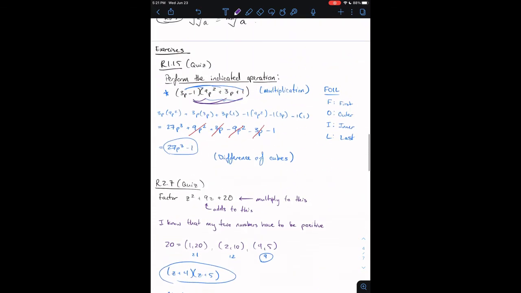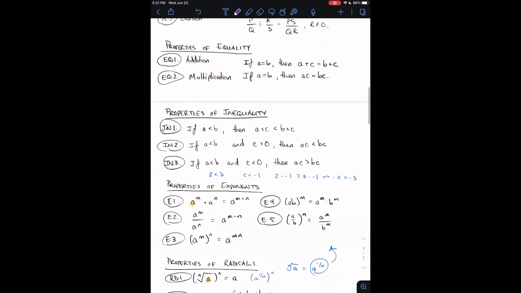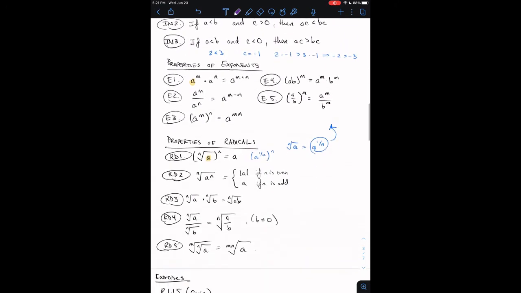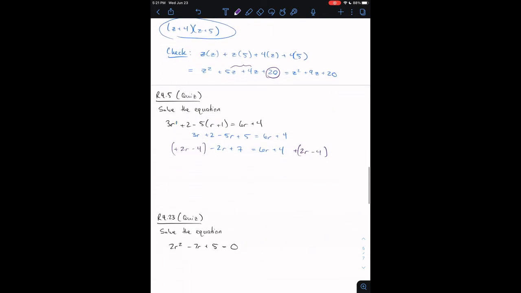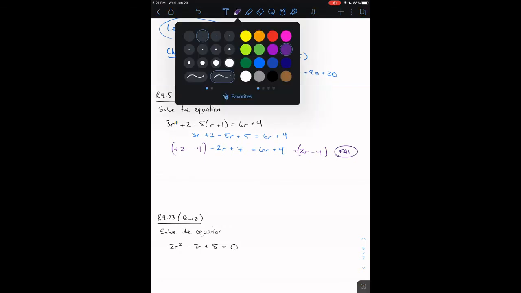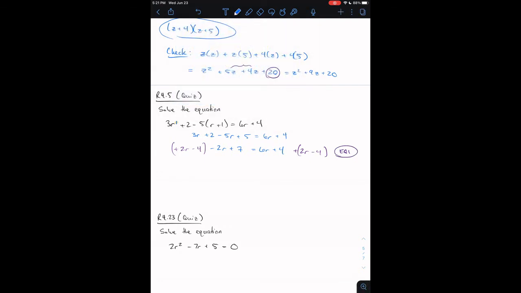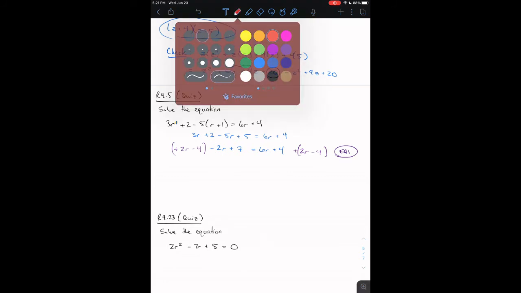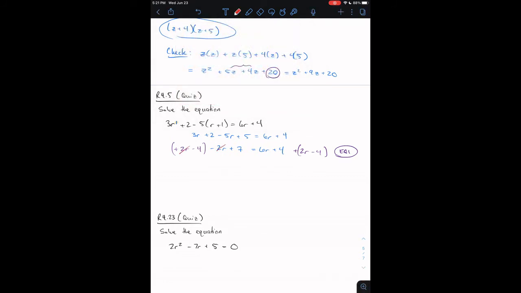Let's go back up to our properties. This is EQ1 that we're using. So what does that do to my next line? If you notice here, these two terms will cancel out, and this negative 4 and this positive 4 will cancel out. Over here I'm left with 7 minus 4, which is 3. And over here I'm left with 6r plus 2r, which is 8r.